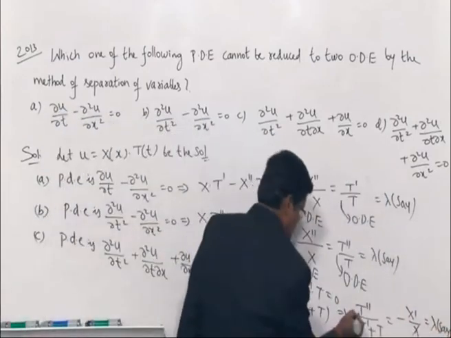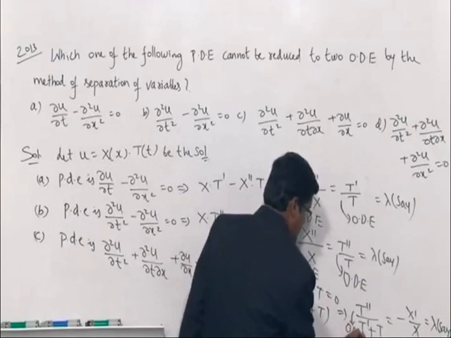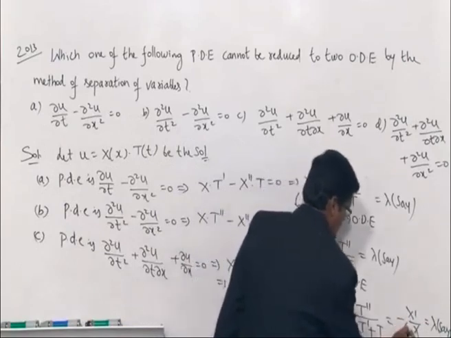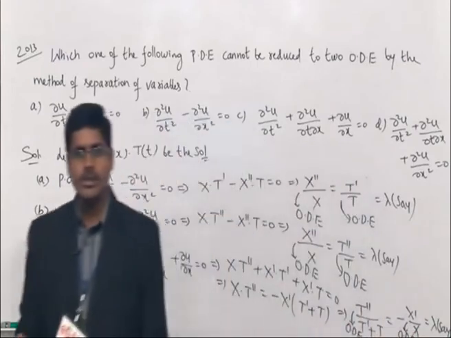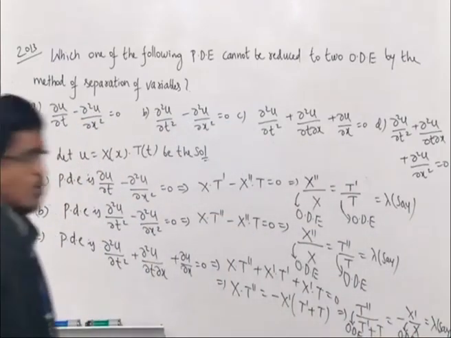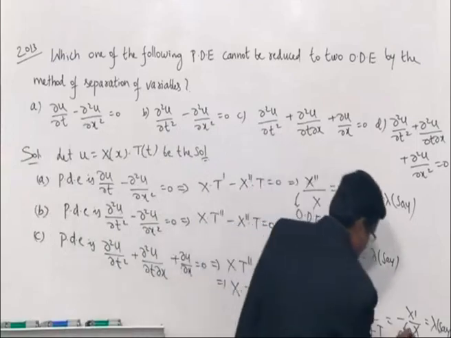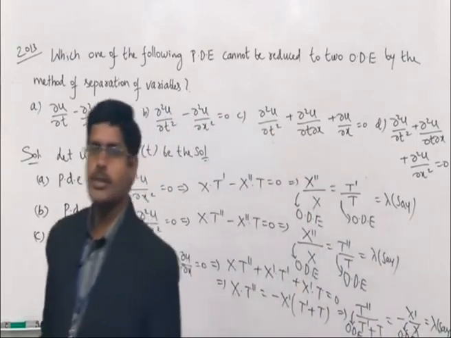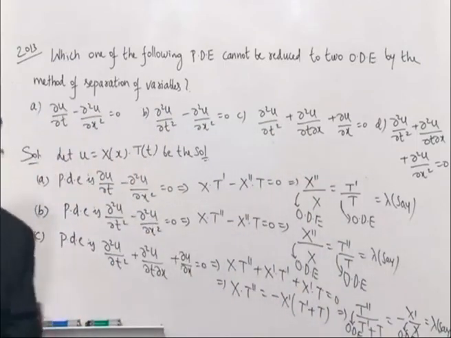So this is an ordinary differential equation and this is also an ordinary differential equation. Okay, both are ODEs. So automatically option D is wrong.